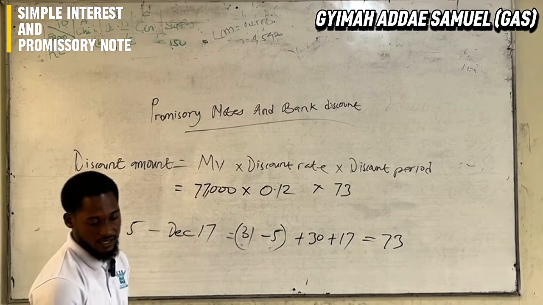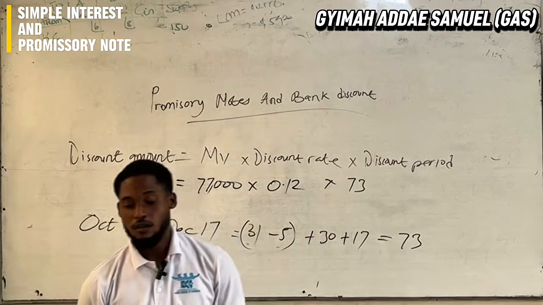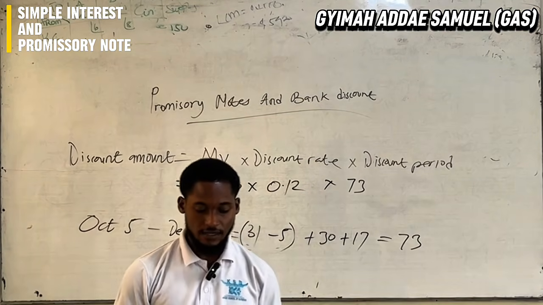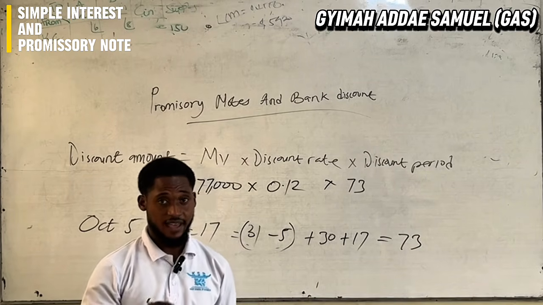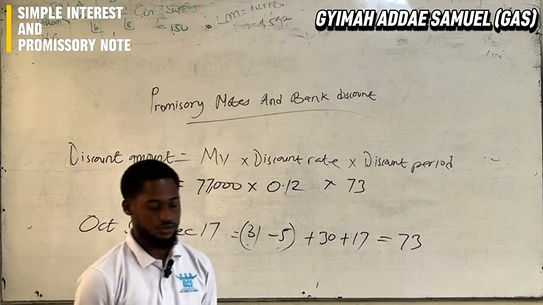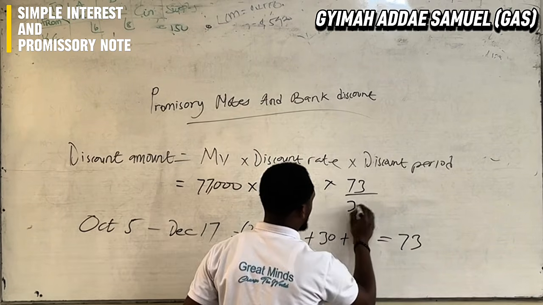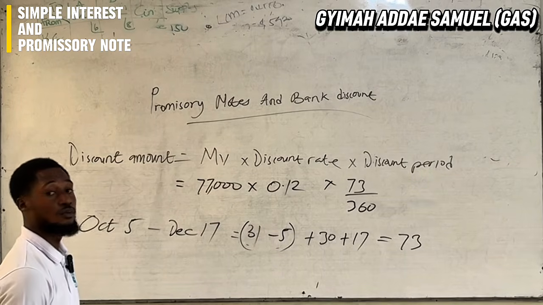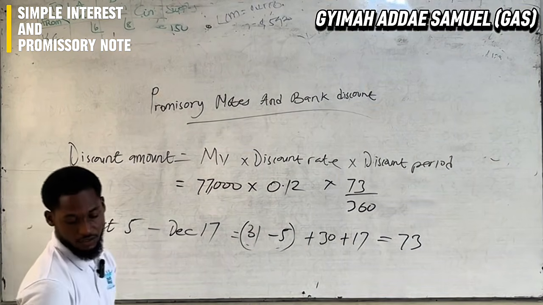The question also stated that we use ordinary simple interest. So, since we have our discount period, we divide it by 360, since we are using ordinary simple interest.